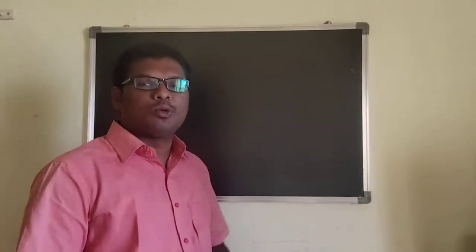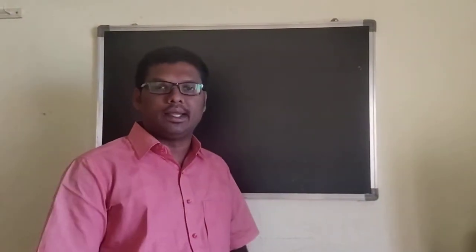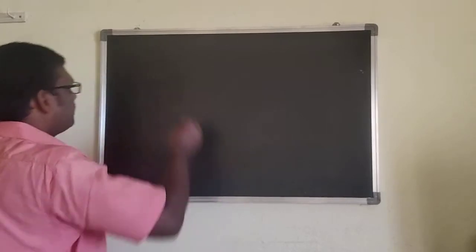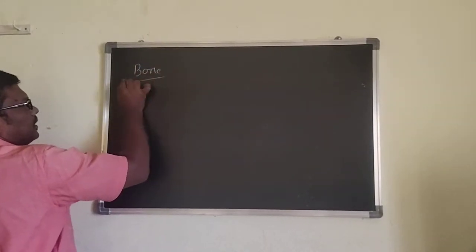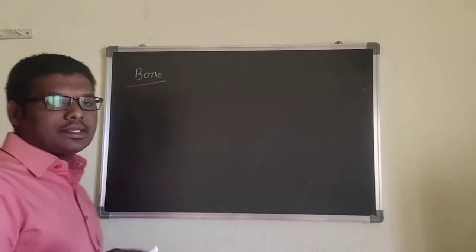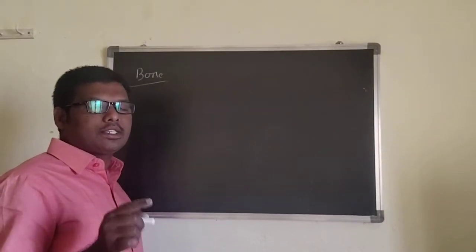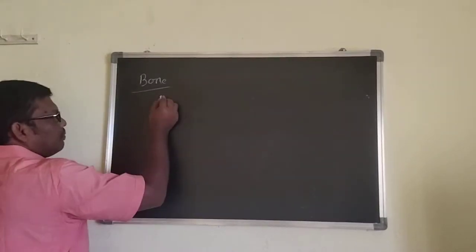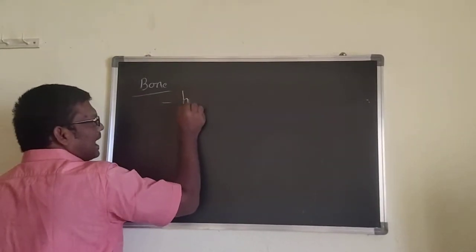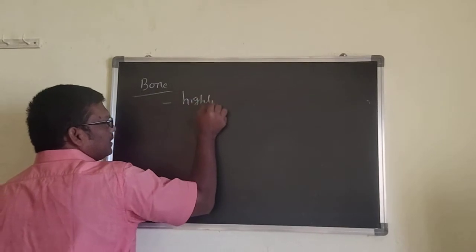Last class we discussed skeletal tissue, the two cartilages. Today we will discuss bone. Cartilage is a flexible, semi-solid, pliable tissue, but bone is highly calcified.